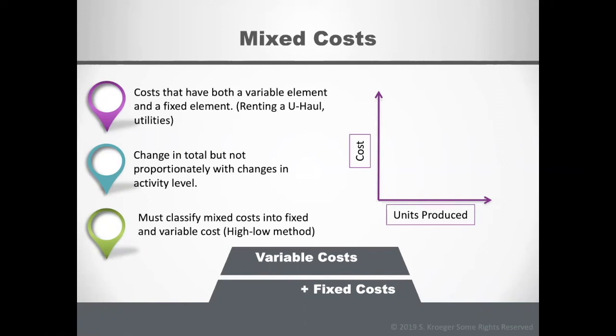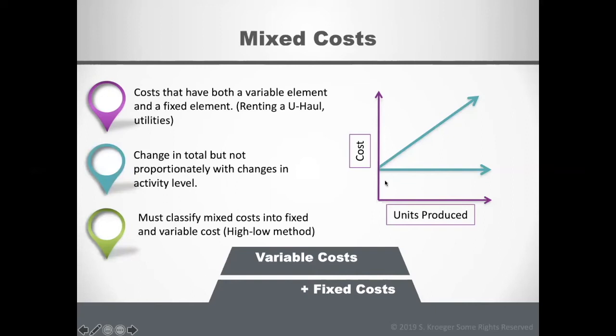When companies do have a mixed cost, they will need to determine what part is fixed and which part is variable. This is because when we do our analysis, we need to know those two amounts and group all the fixed together and group all of the variable costs together. In order to separate mixed costs, we will use the high-low method, which we'll be discussing soon.